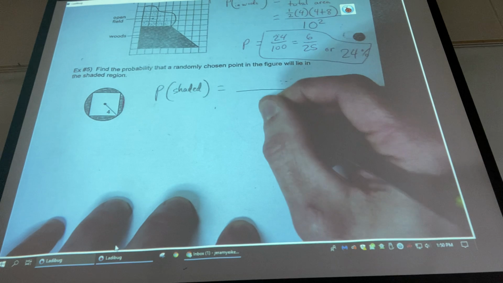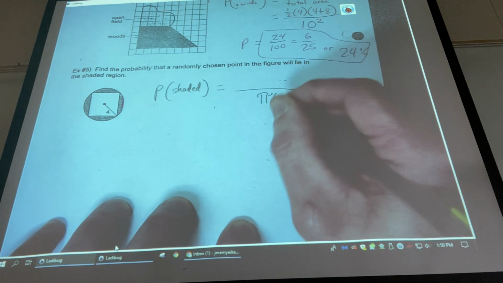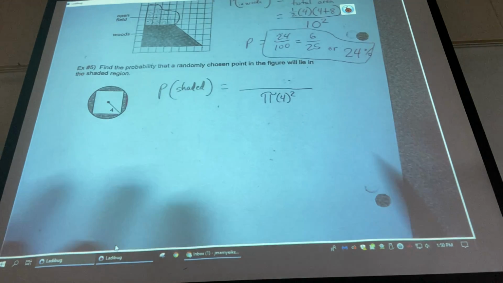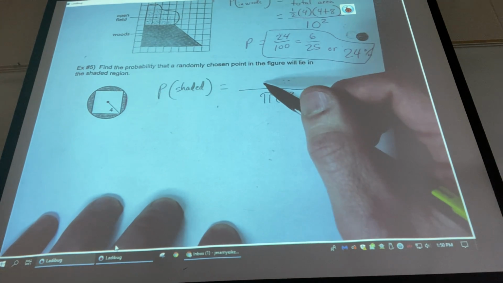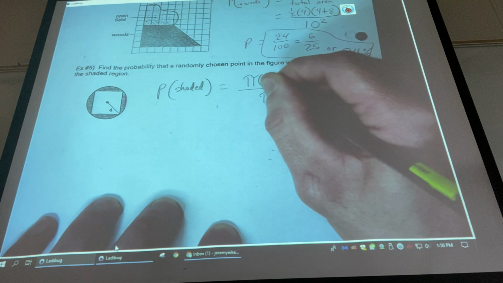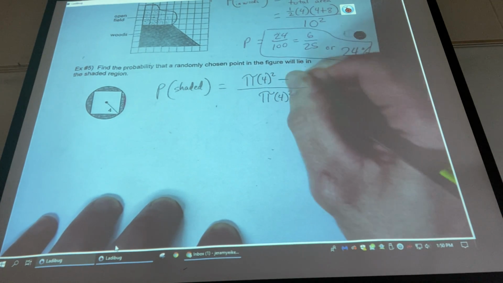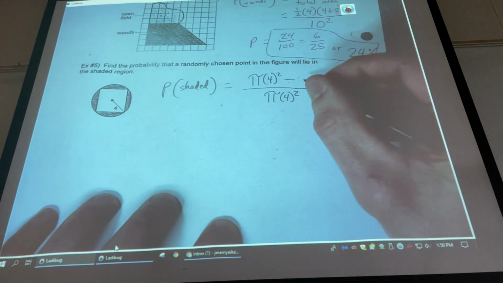So I agree that it's gonna be over the whole circle. And isn't that gonna be pi 4 squared? That's a radius, isn't it? Kind of the gray bit above it. So the gray above it is gonna be the area of the whole circle minus the area of the square.